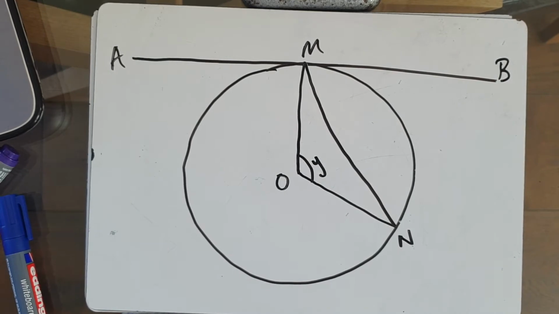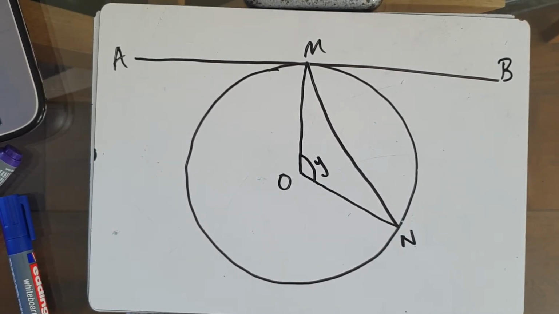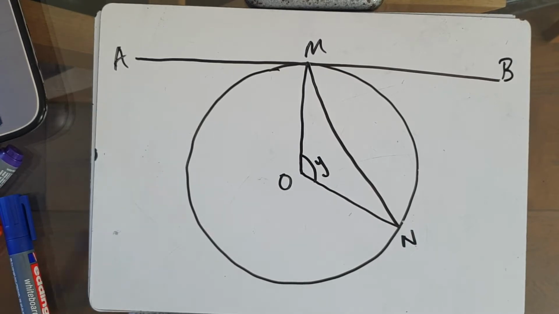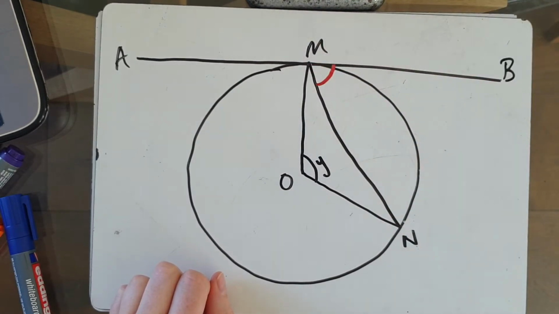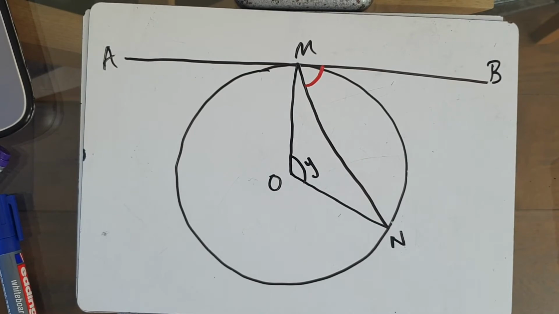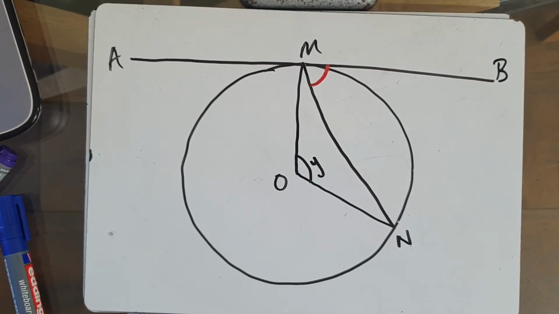Question 7 is a little bit different because there are no numerical angles on the diagram. The question wants us to prove that angle BMN, so this angle here, is half of y. We're going to approach it as though it's exactly the same as any of the other questions.